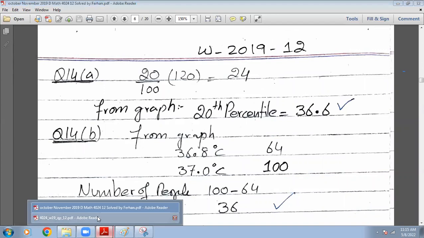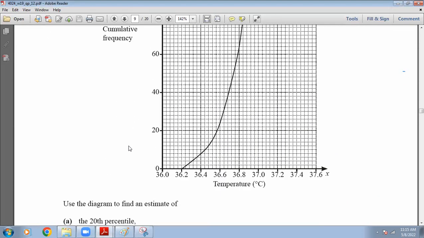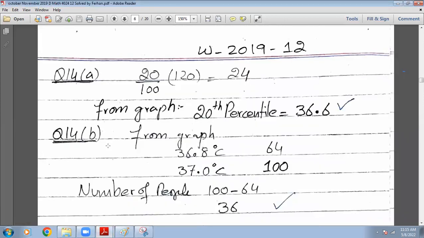So from the graph, find where 24 is. Each division here represents 2, so from 20, go 2 small squares up and go to the graph, and below that read what the number is. It is 36.6, I think. So the 20th percentile will be 36.6. I hope you understand how we are doing this.